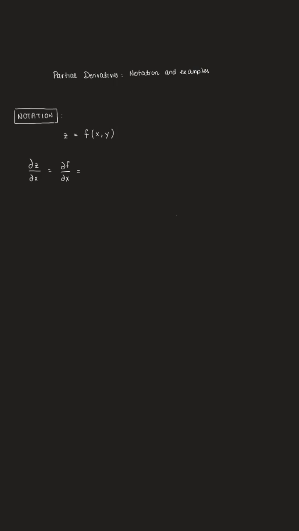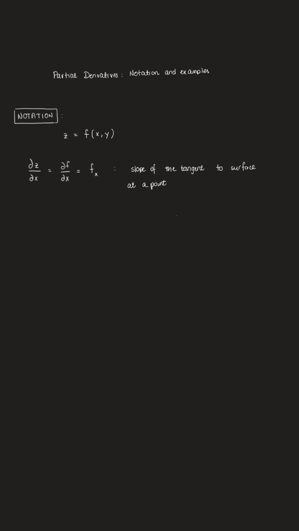Or sometimes we just write f with a subscript of x, and that also refers to the partial derivative of the function with respect to x. So this gives us the slope of the tangent line to the surface at a point.